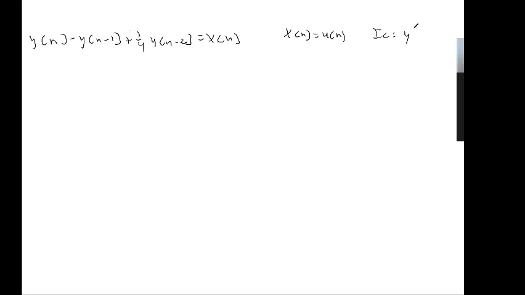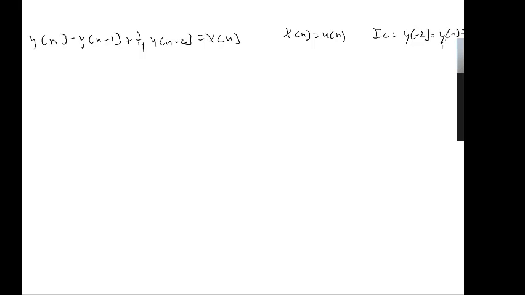So here was our system, y of n minus y of n minus 1 plus 1/4 y of n minus 2 equals x of n. And our x of n was pretty simple. It was just a unit step. And our initial conditions, there were two of them, y of -2 and y of -1.